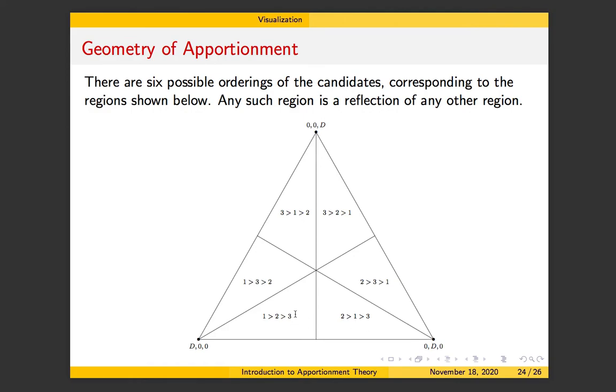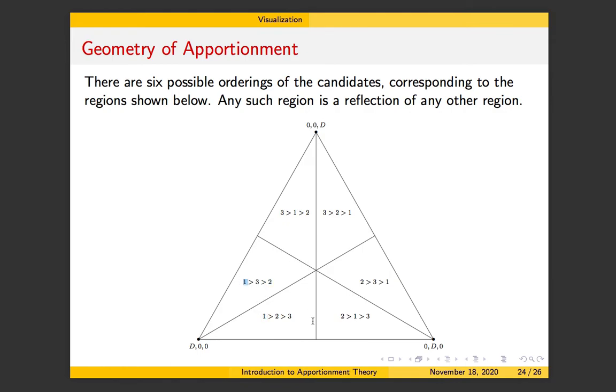Any one region is a reflection of any other one. So like this right triangle right here, this 1 over 2 over 3, it's going to look the same as 1, 3, 2, but you reflect over this line right here. This line represents where candidates 2 and 3 are tied. Because notice when you hop over it, suddenly candidate 3 is ahead of candidate 2. Candidate 1 is still in the lead though.